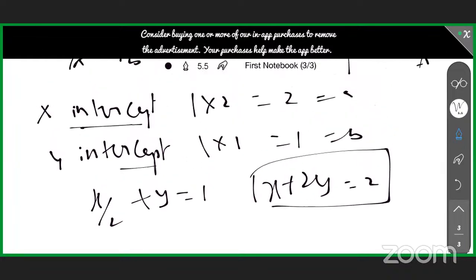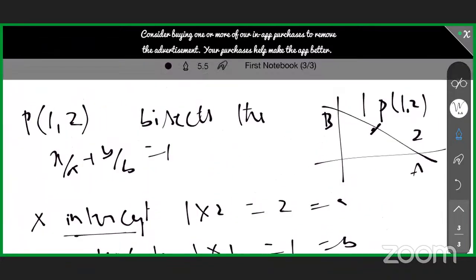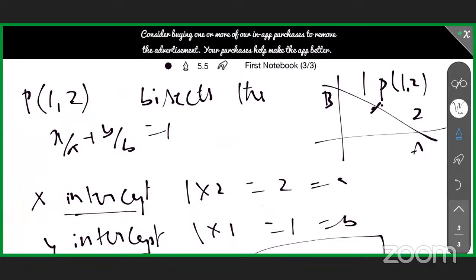So what they're telling is there is a line passing through the point P (1, 2), and this line is cutting the coordinate axes at A and B. With this given, we have to find the equation of the line.